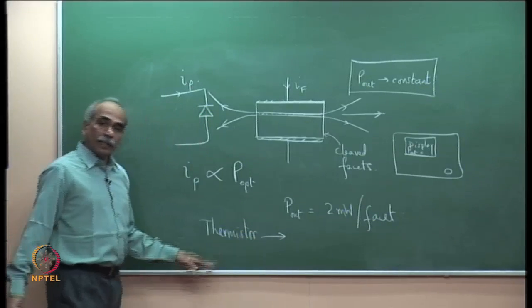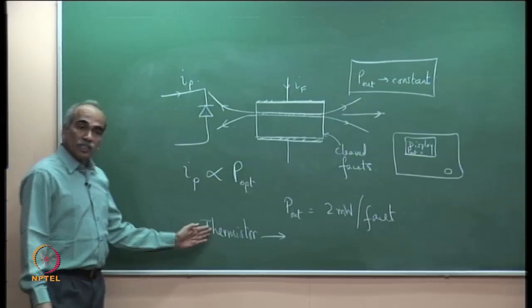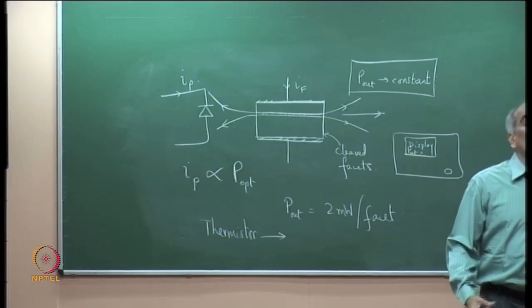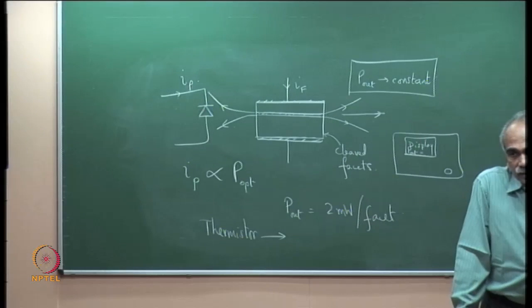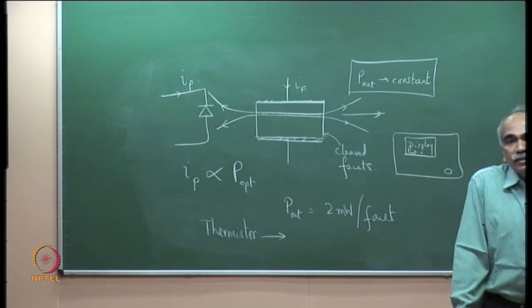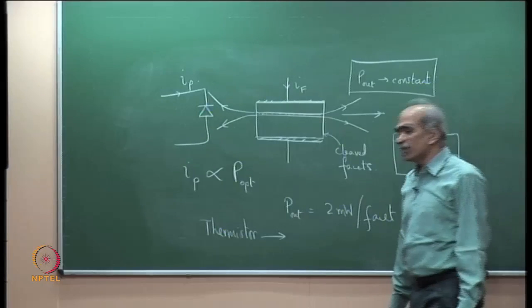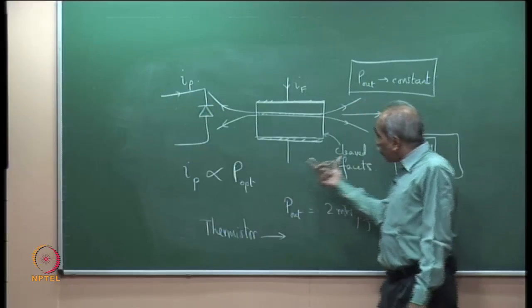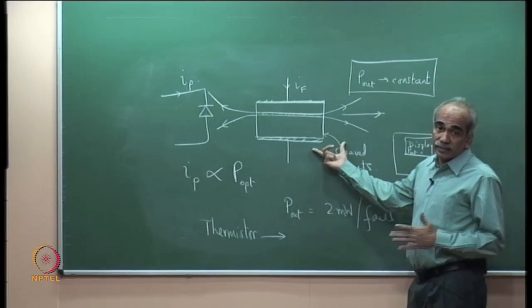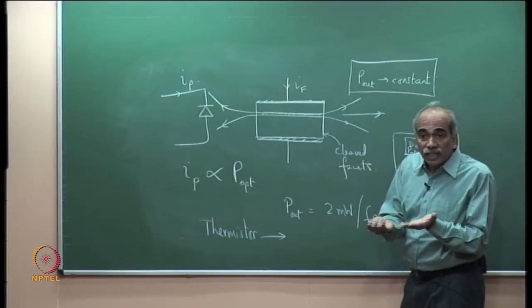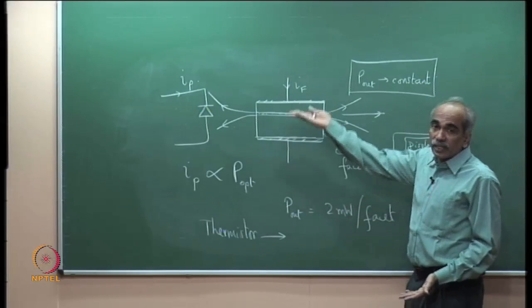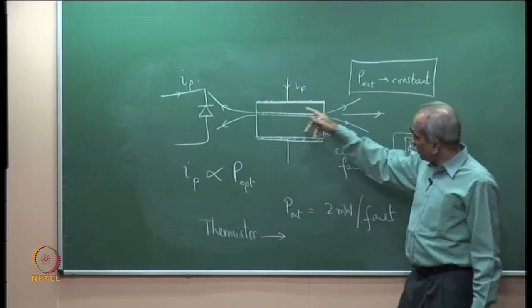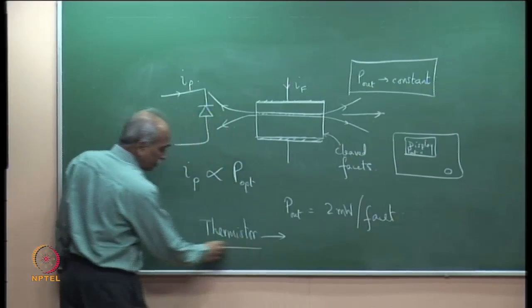The thermistor is a temperature dependent resistor. Thermistor is nothing but a temperature dependent resistor with a temperature coefficient of resistance. It is a temperature dependent resistance, which means if you change the temperature, the resistance changes, and this thermistor is also integrated along with the laser chip in the same chip, so that if the temperature of the chip changes, that means if the temperature of the laser diode changes, there will be a change in this resistor.